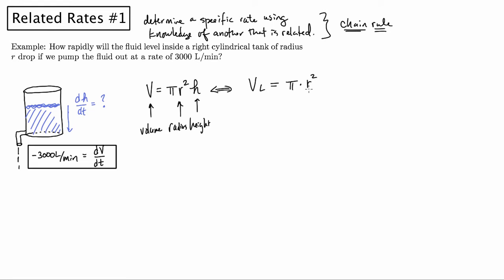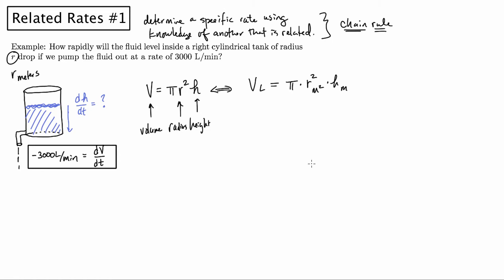The units on the radius are r, and since this is in terms of liters, typically we think of radius as a measure of distance, and so it would be measured in meters since volume is in liters. Tank of radius r meters, so we know this is in terms of meters. And since it's r squared, the units here are meters squared, times the height, which is also in meters.